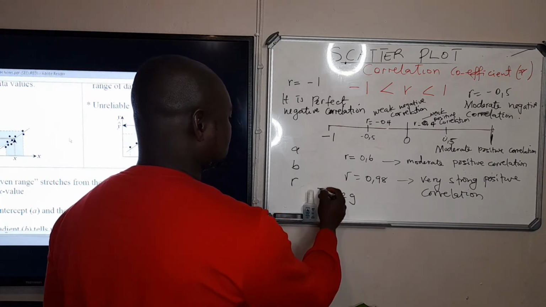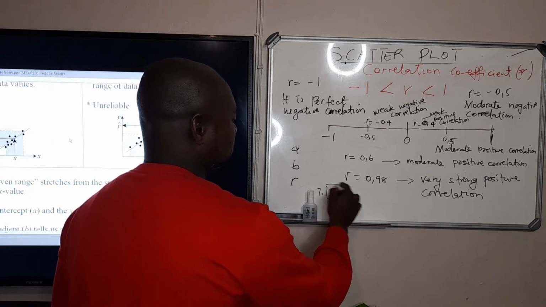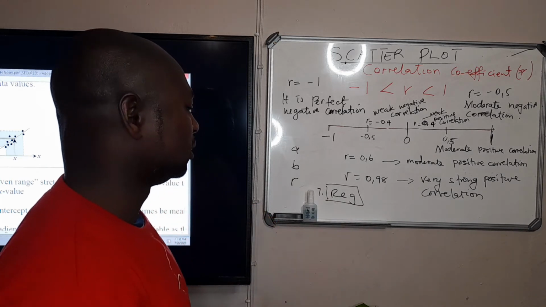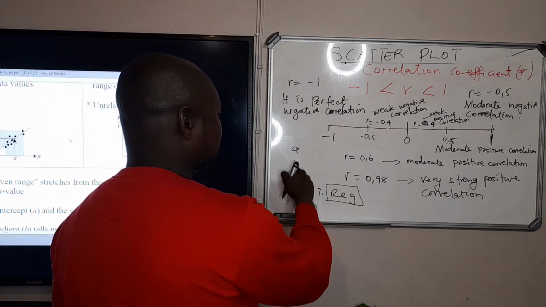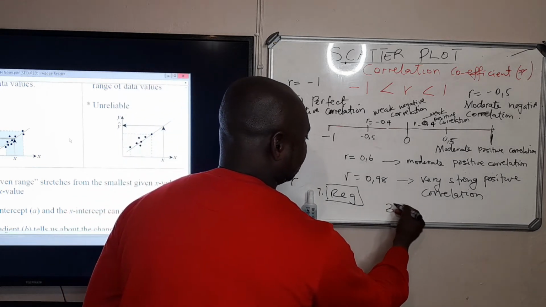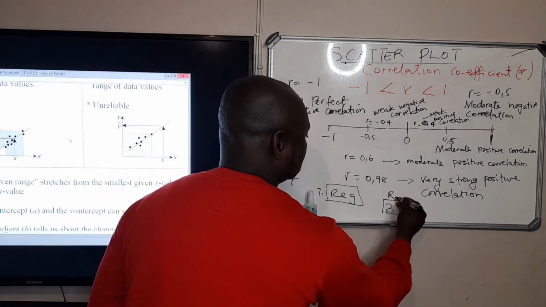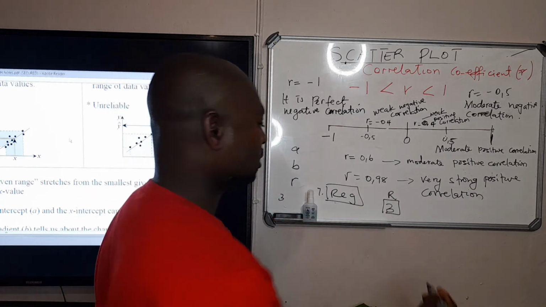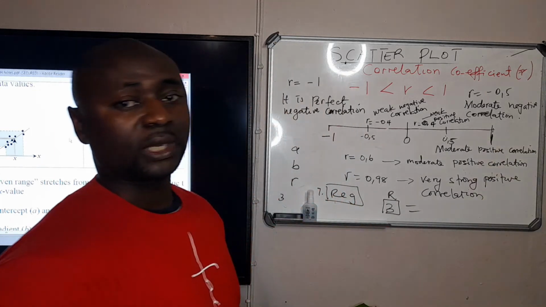On the calculator is option number 7. When you press on this, you go and look for R. R is also part of A, B, C. I think it's option number 3. So on option number 3, they have written R there. You choose your R and you press your equal sign, and then you will get your R.